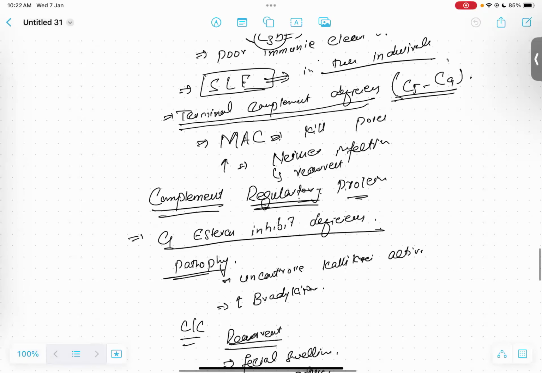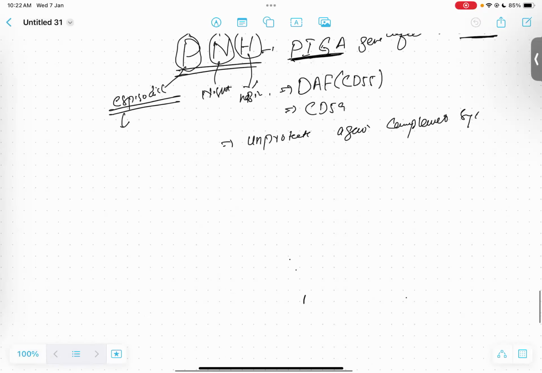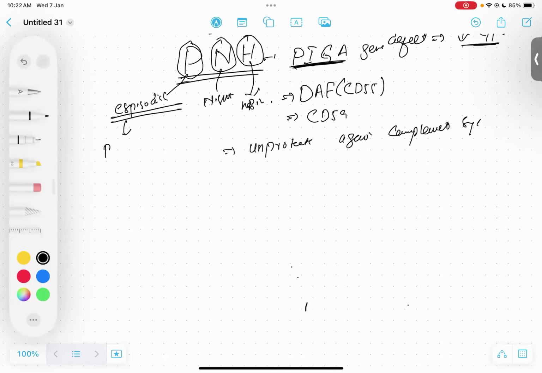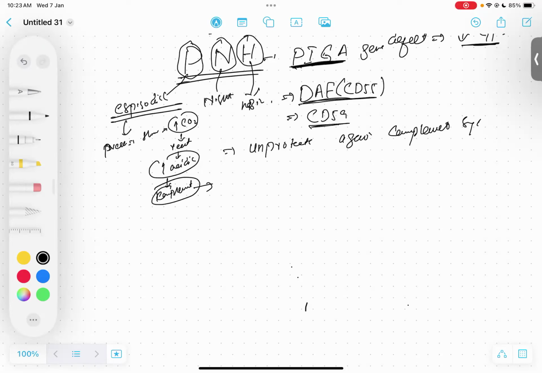This retention will make the patient a little acidotic, and this will lead to activation of the complement system. As we know, these patients have a deficiency of these genes, so DAF and CD59 will not be present. So the complement system will directly attack these RBCs and cause lysis of them.